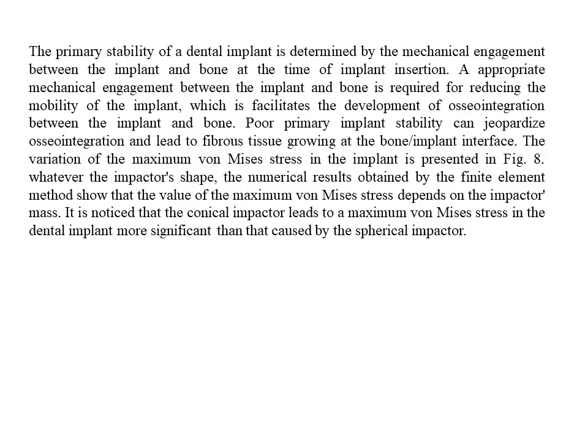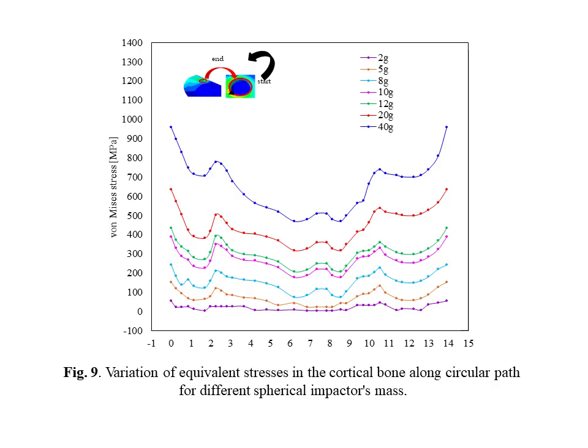Figure 9 represents variation of equivalent stress in the cortical bone along a circular path for different spherical impactors.